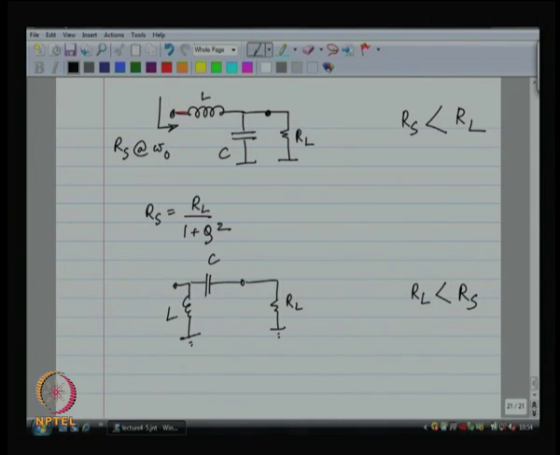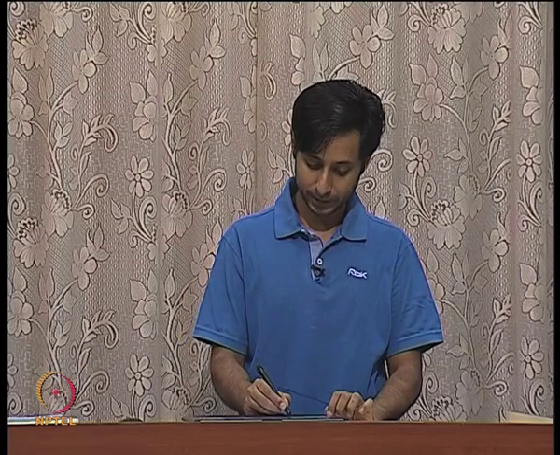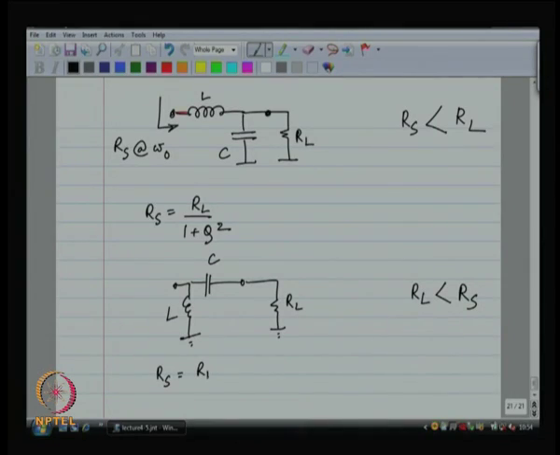So, here the series combination of C and R has to be transformed to a parallel combination of C and R, and then the transformed capacitance should resonate with the inductor value to get infinitely large impedance, an open circuit. The remaining resistance will be R L times (1 plus Q squared). So, R S has to be equal to R L times (1 plus Q squared), which means that R S has got to be more than R L for this to work.